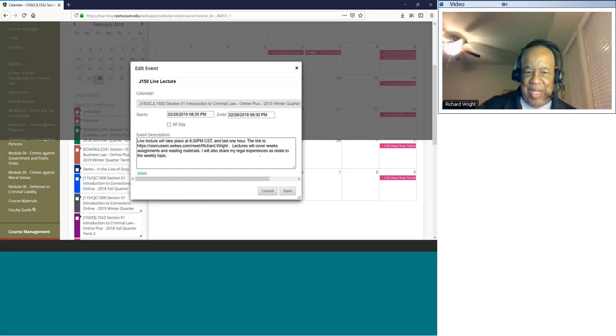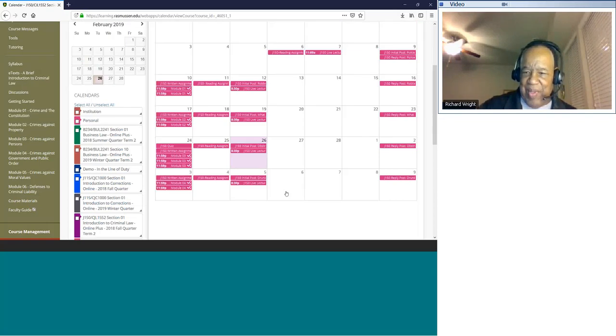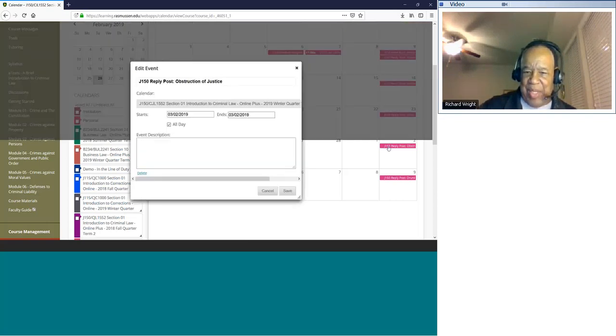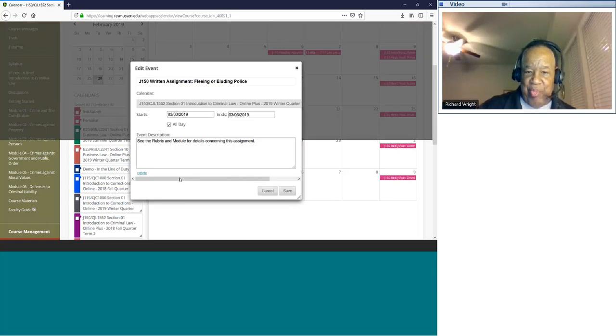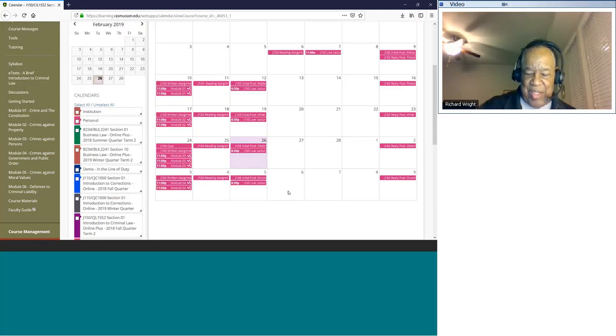Again, it gives you the link right there on the calendar. Then your reply post, same thing. Then finally, we're in March, your written assignment. And if you open it up, it's going to tell you look at the module and the rubric. So that is important. So we're going to go over that in just a minute.